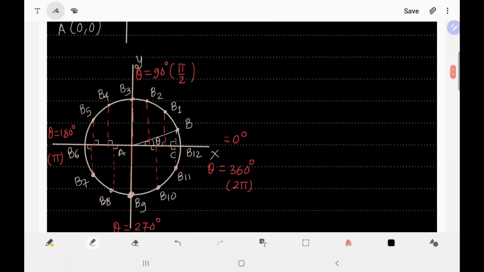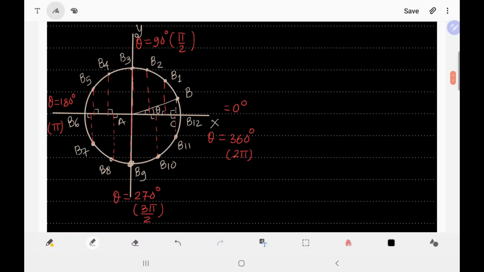Now to understand this, I have shown various locations of point B as point B moves along the unit circle in anti-clockwise direction. If we observe the length of BC, or the length of the y coordinate, as theta increases, we can say that at theta equal to 0 degrees, since point B is lying on the x-axis, the length of BC, or the y coordinate of point B, is 0.